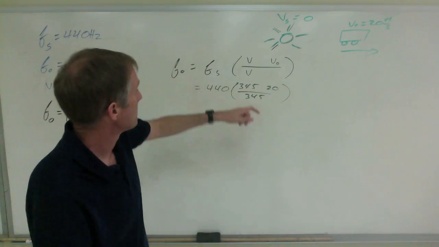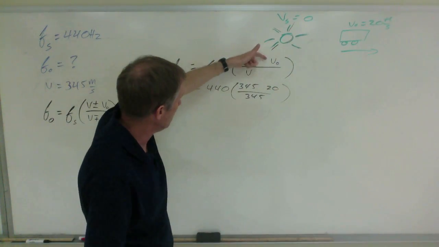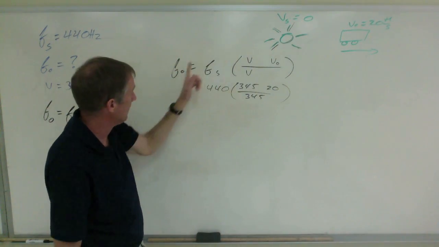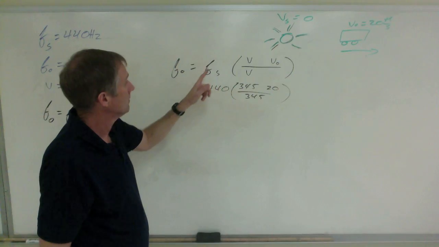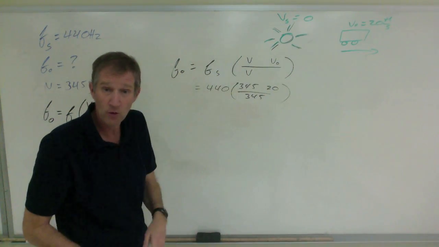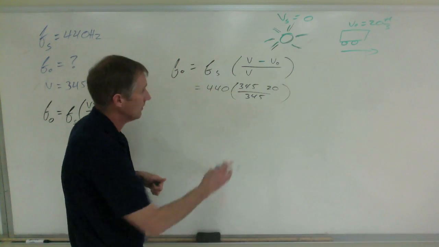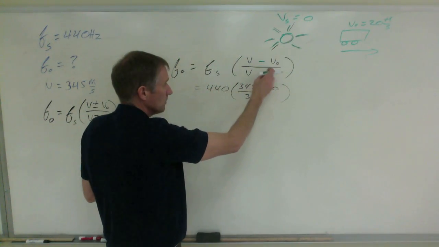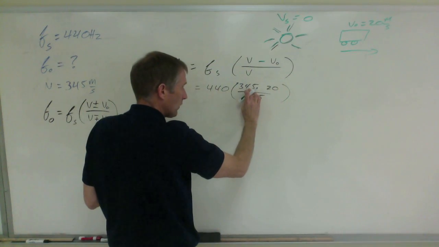All right? Now it's the observer that's moving. You have to ask yourself, do you add or subtract to make the answer smaller than 440? You subtract in the numerator. That one's pretty obvious. I'm going to subtract that. And the source isn't moving, so it's plus or minus 0, because that's still 0, right? So that's still 345.